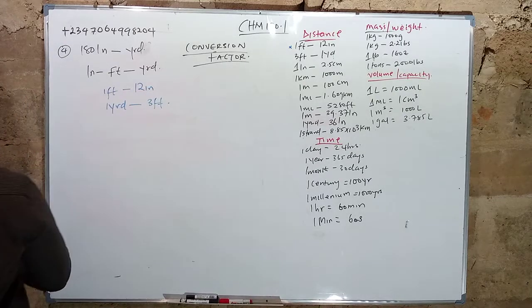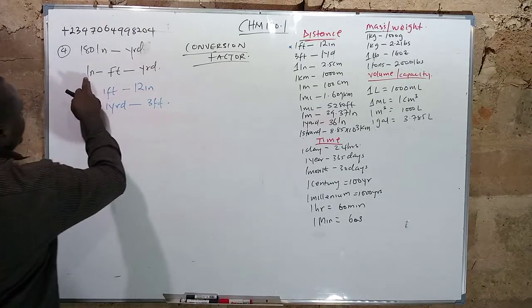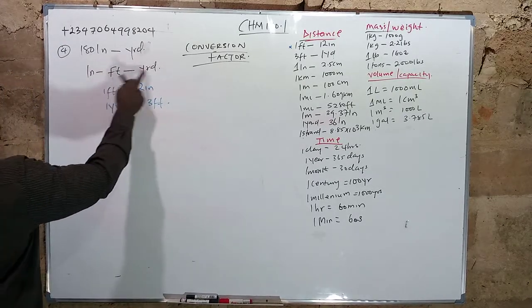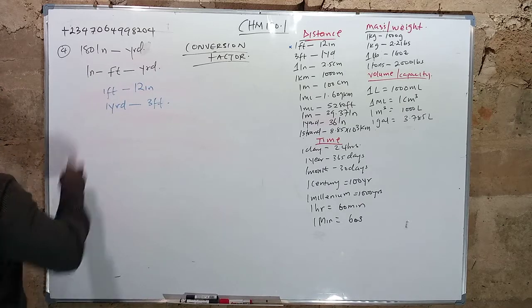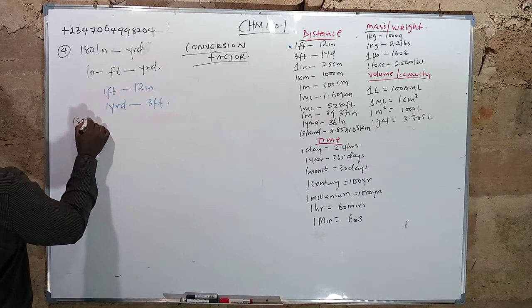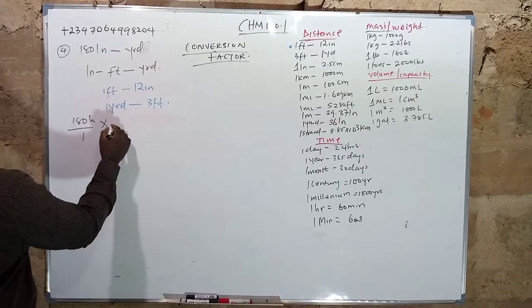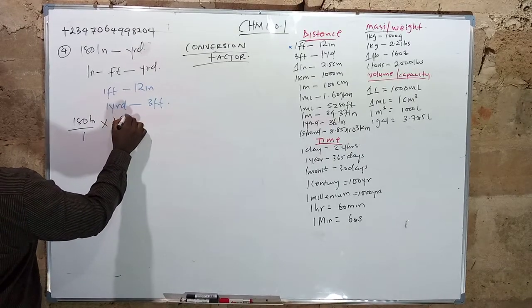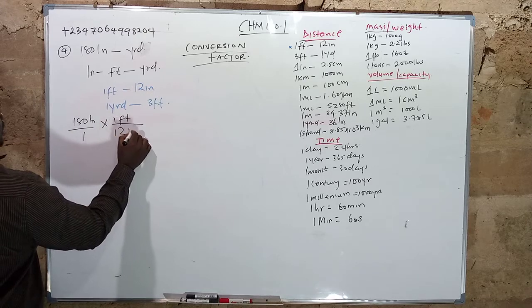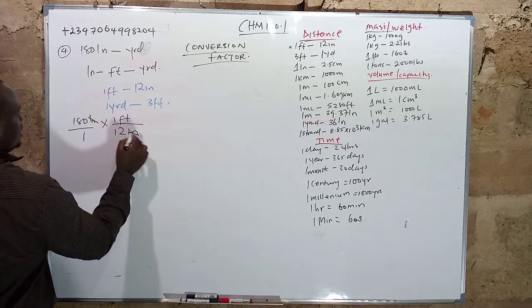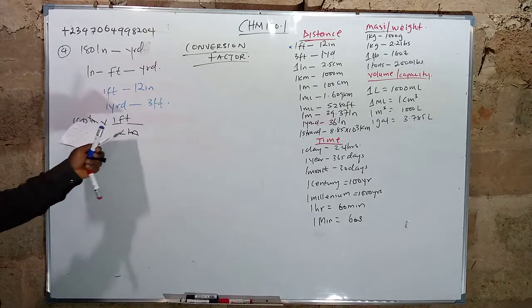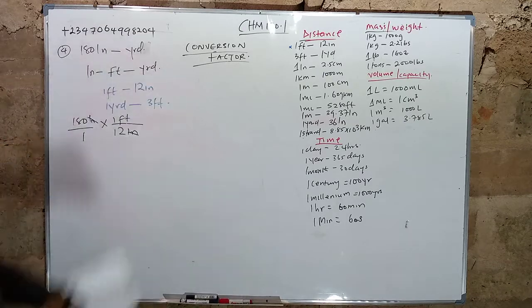So now let me start from the inch. From inch I want to move to foot, from foot to yard. So from inches, start from 1 given, 180 inch all over 1, times this. So you have a foot up, and then you have 12 inch at the bottom. So this cancels this. Right now I'm in foot, so I want to move from foot to yard.